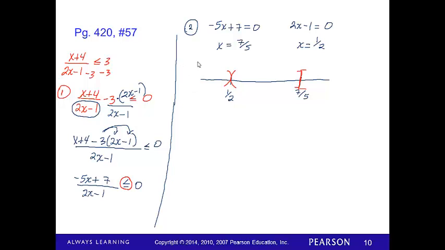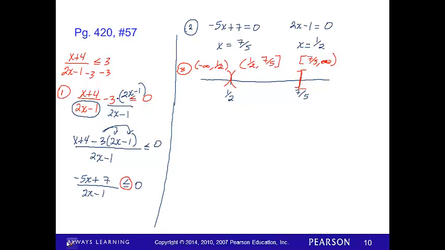So what we're going to do is write the intervals above them, like we did before. Negative infinity to 1/2, parentheses, parentheses 1/2 to 7/5, bracket, bracket 7/5 to infinity. Now, this is not our answer. We must use our test values, right?